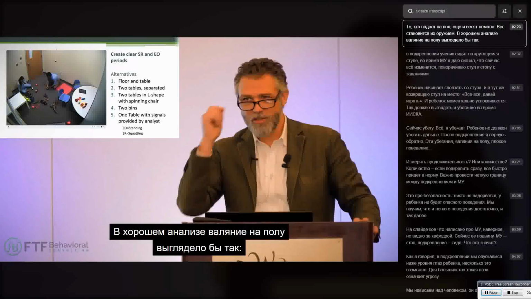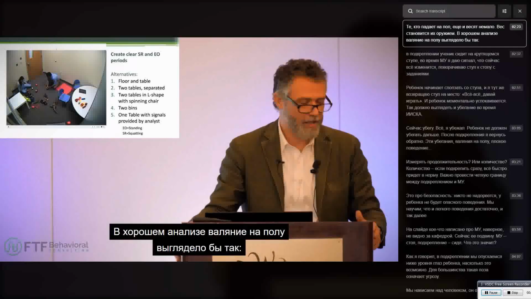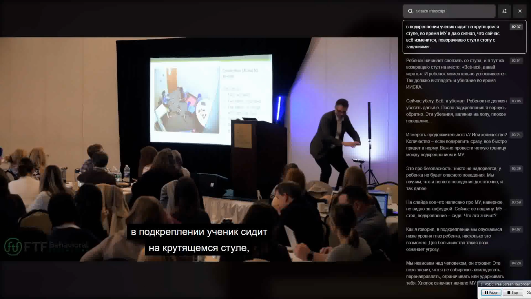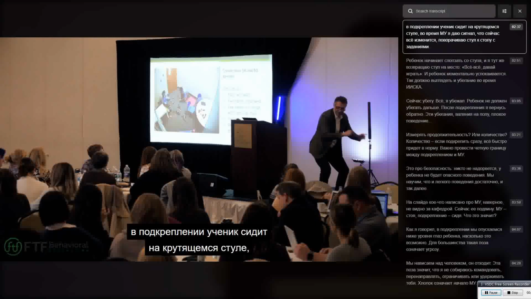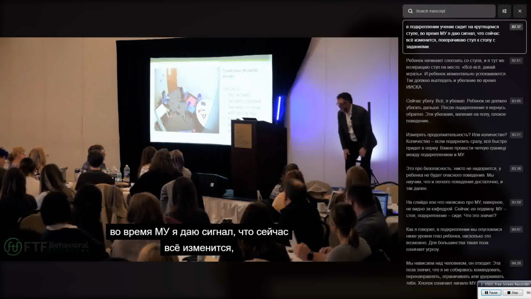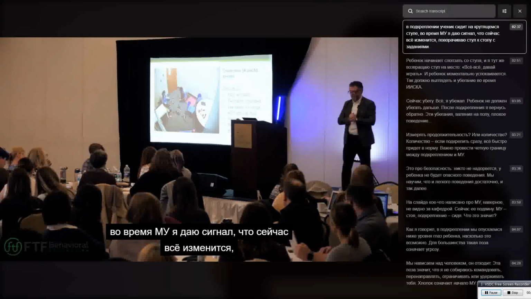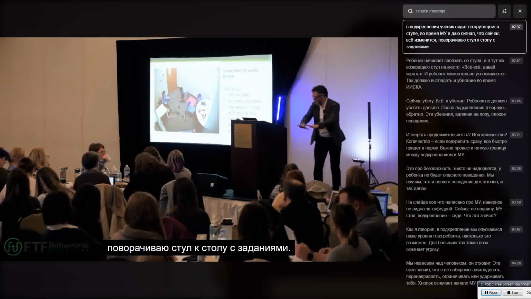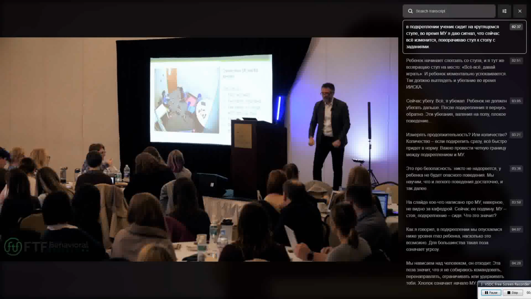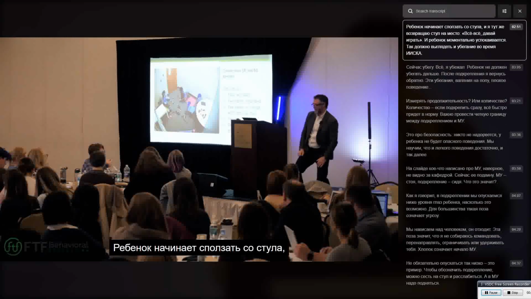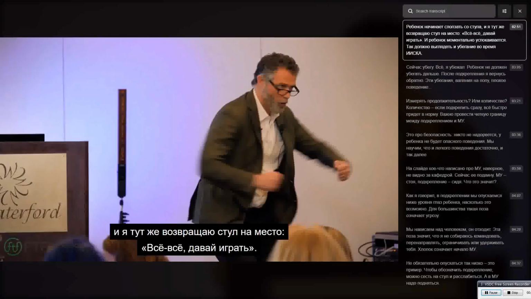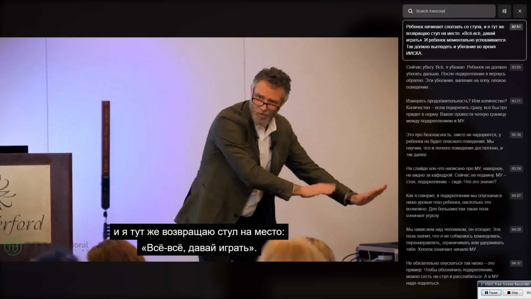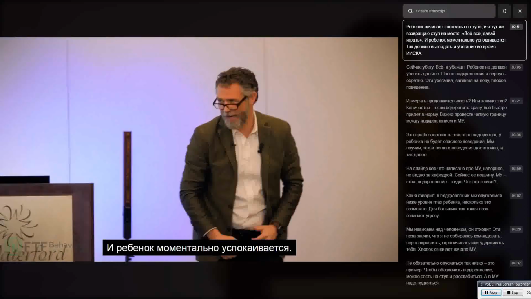And so what flopping should look like in a good analysis, the child's in a chair, or the young man, let's say, they're in reinforcement. I might set the EO by giving a signal that it's going to happen. Then I start moving their chair towards the table of high expectations. They might kind of start to slide out of the chair. Then I quickly move it back, say, no, everything's lovely, let's go do this. And then they settle right back in.